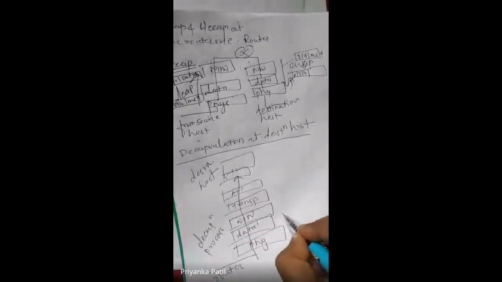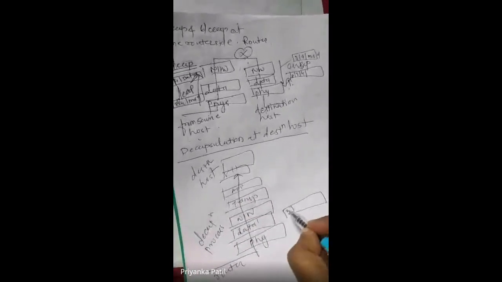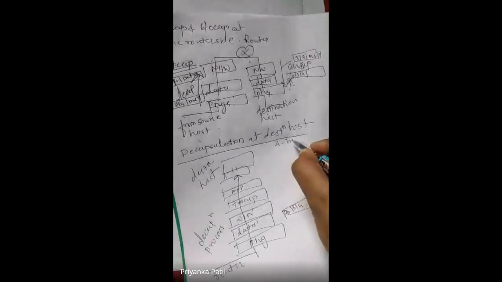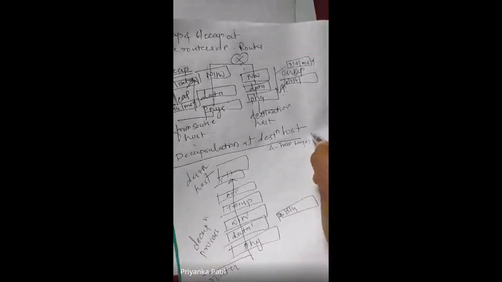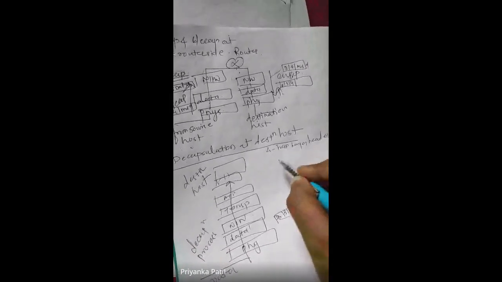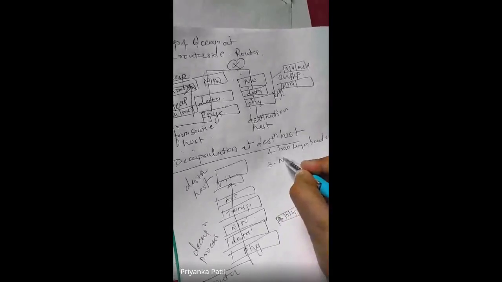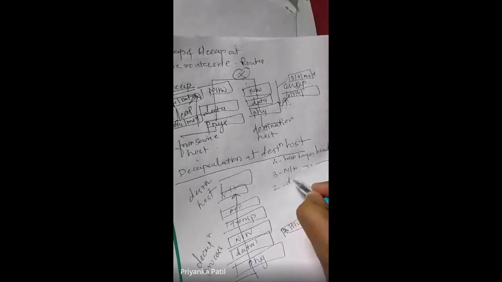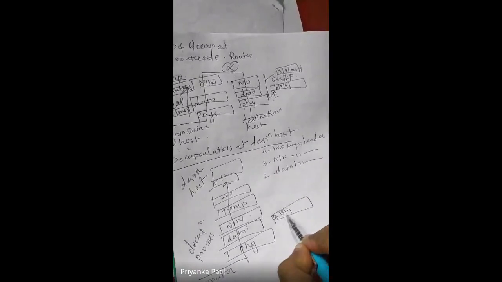The data link layer has the information where 4 represents the transport layer header, 3 represents the network layer header, and 2 represents the data link layer header. Whenever the data link layer transfers the packet or message over the network, it removes the data link layer header and only maintains the remaining message.